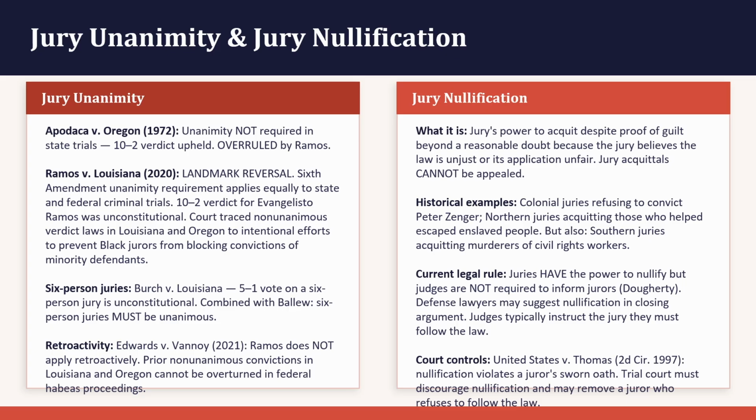The law's current position is deliberately ambiguous. Juries have the power, but judges don't have to tell them about it, and courts actively discourage its exercise. This tension between acknowledging the power and discouraging its use is an intentional feature of the system.